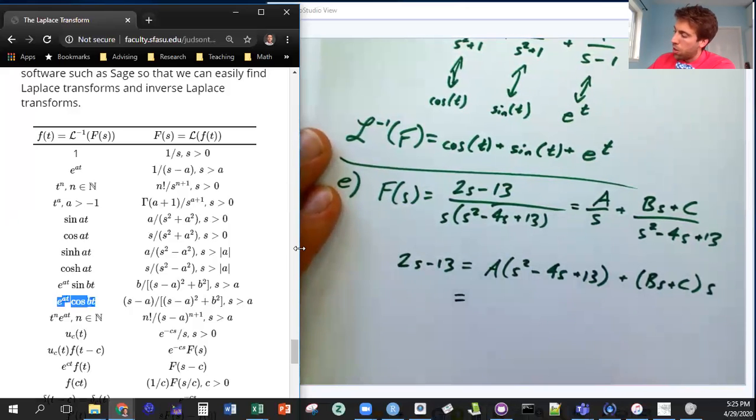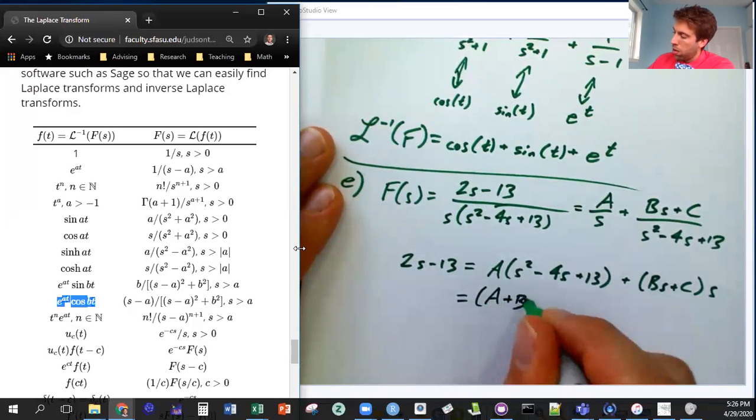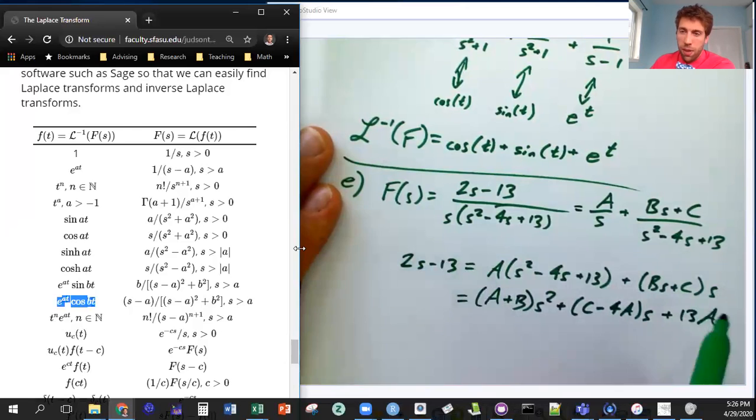So our s squared terms are A and B: A plus B times s squared. And how many s terms do I have? I've got C times s and then A times negative 4, so plus C minus 4A times s. And how many constant terms do I have? None here. Plus 13A. Okay, so I've got negative 13, positive 13.